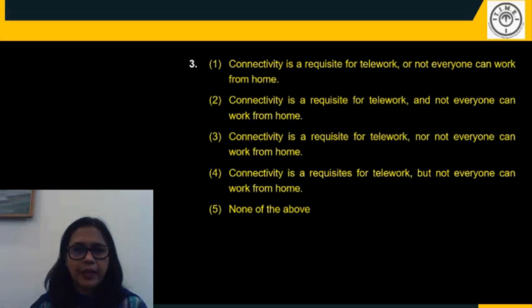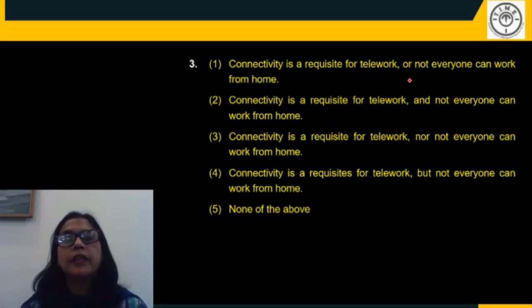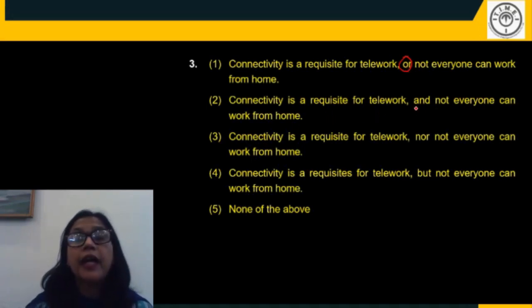Moving to the next sentence. Connectivity is a requisite for telework and not everyone can work from home. So, "or not everyone", the sentence doesn't make any logical sense. Let's read ahead. Connectivity is a requisite for telework and not everyone can work from home.